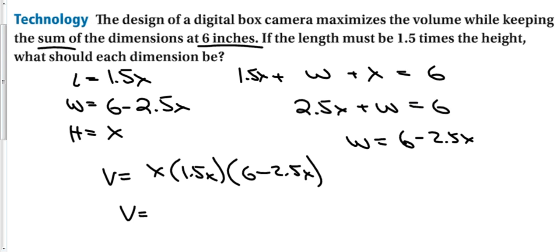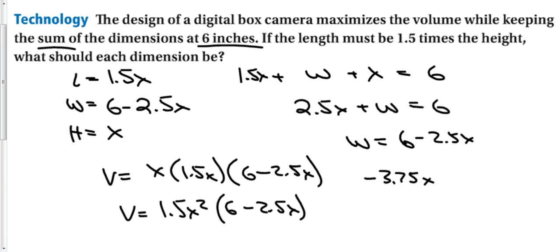So now we have 1.5x squared times 6 minus 2.5x. And then I'm going to FOIL this, multiply it all together, write it in standard form, and I'm going to get a formula of negative 3.75x to the third power plus 9x squared.